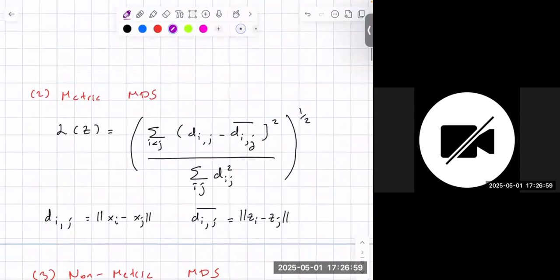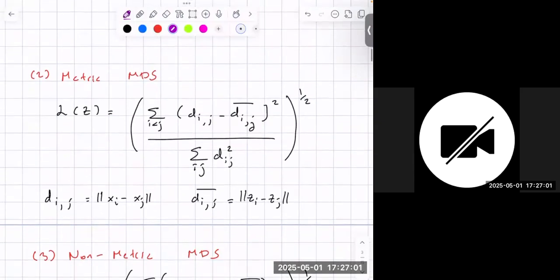And then what's next? The next thing is called metric multi-dimensional scaling. I'm just telling you what people use because you might need to know these words to use a library, okay? So the next thing is, I want to do something like PCA, but I don't necessarily have to do linear.